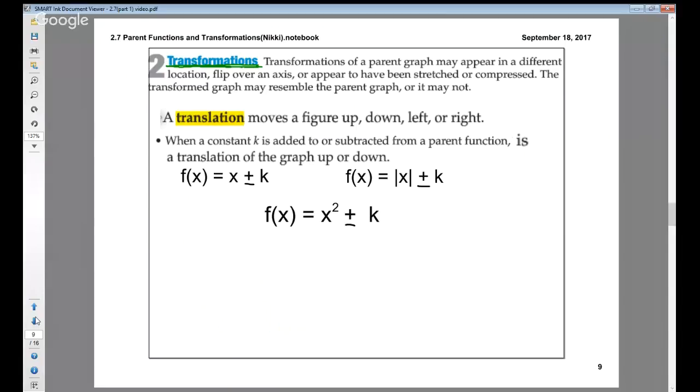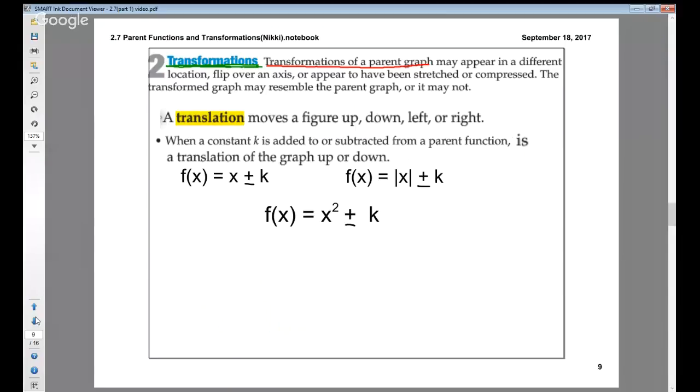So let me go ahead and read this. Transformations of a parent graph may appear in a different location, flip over an axis, or appear to have been stretched or compressed. The transformed graph may resemble the parent graph, or it may not.